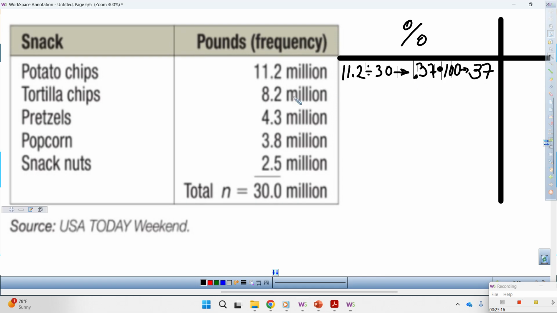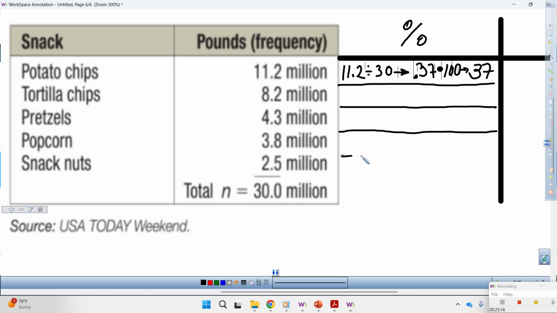So, find me the percentages for the other ones, please. Let's see, 8.2 divided by 30.